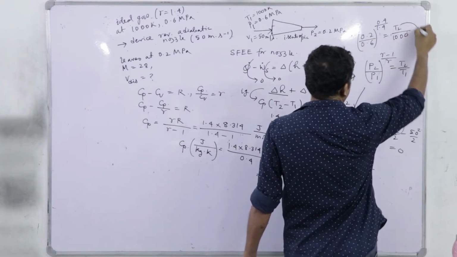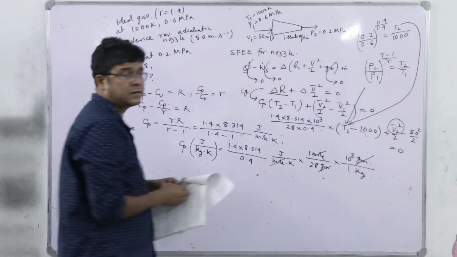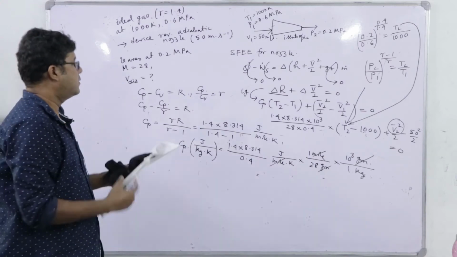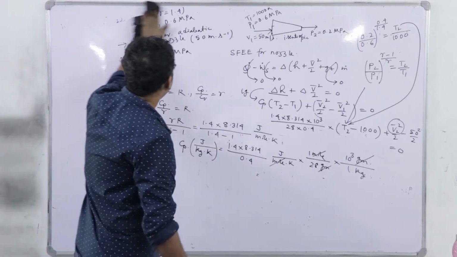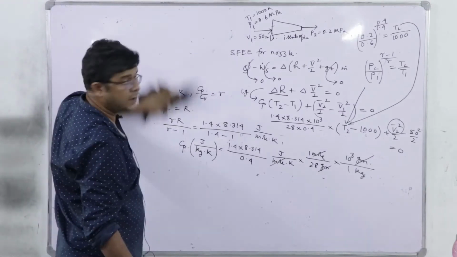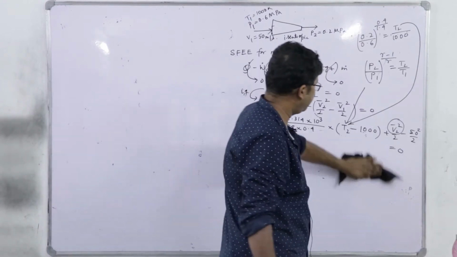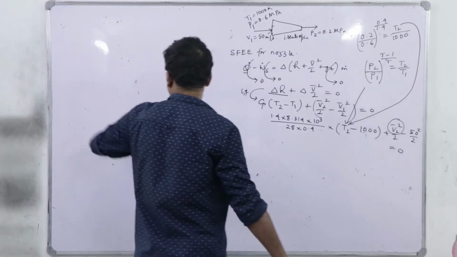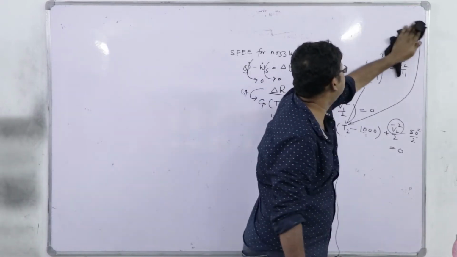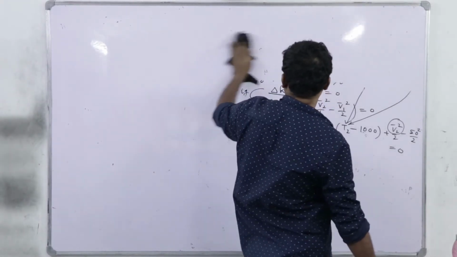So, from there get the value of T2 and substitute it back here. So, you can solve this for V2. So, that is the problem of the adiabatic nozzle. Here we cannot include this efficiency term because there is no work.